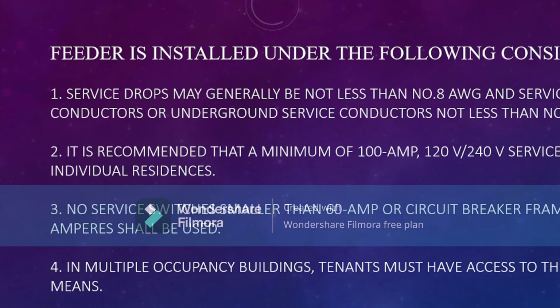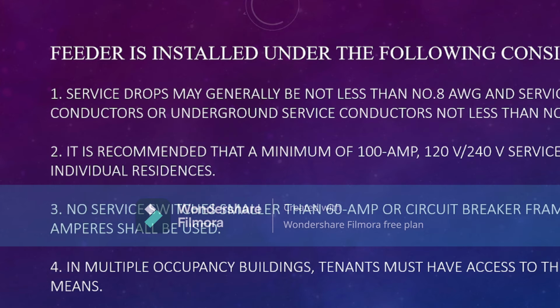Number 3, no service switches smaller than 60 amperes or circuit breaker frames smaller than 50 amperes shall be used. Number 4, in multiple occupancy buildings, tenants must have access to their own disconnecting means.